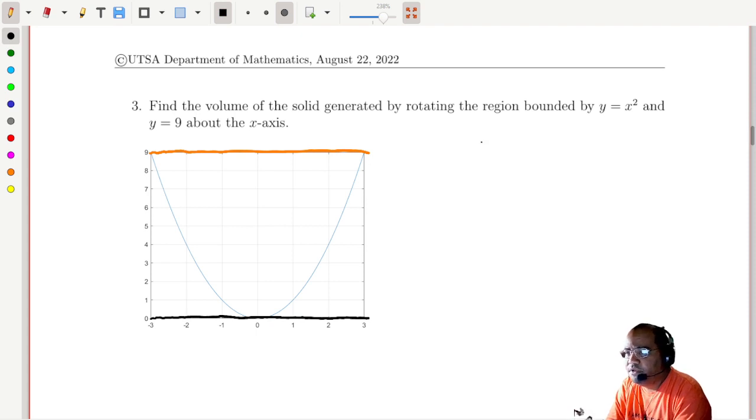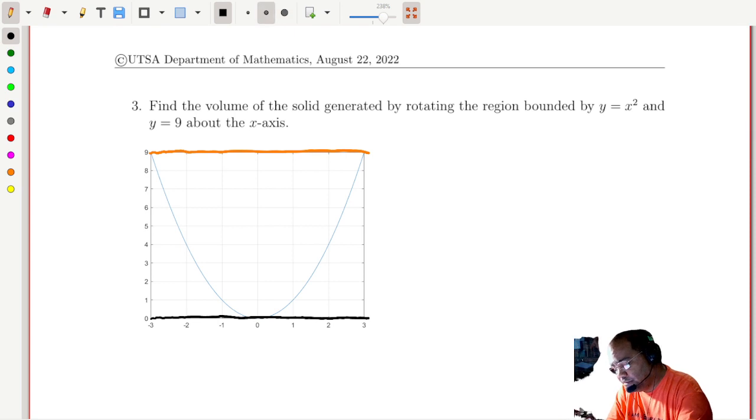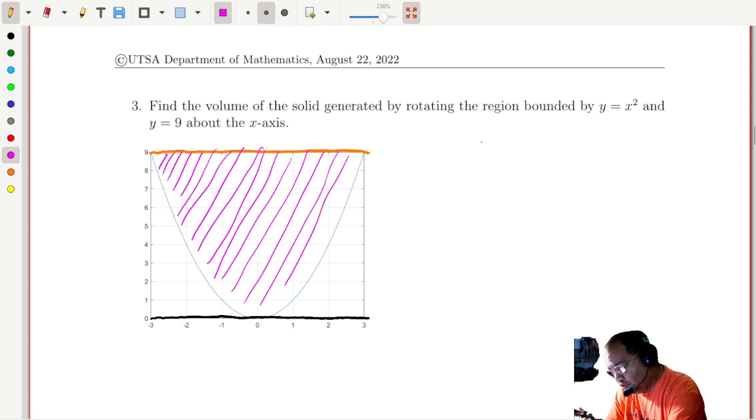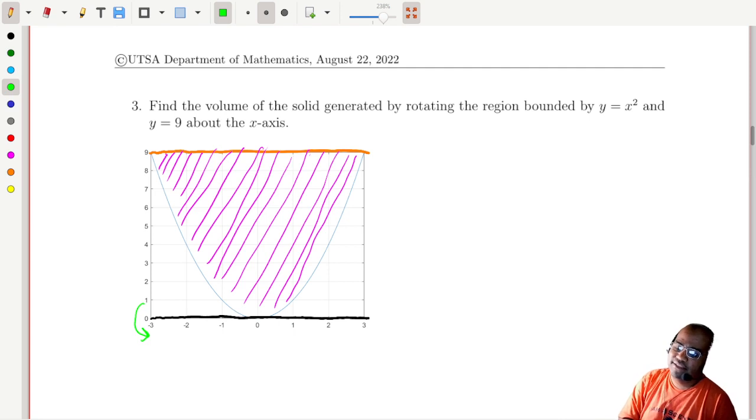So the solid formed by rotating the region bounded by y equals x squared and y equals 9, that's going to be this whole inside of the parabola here. Lots to color in. We're going to rotate this around the x-axis.